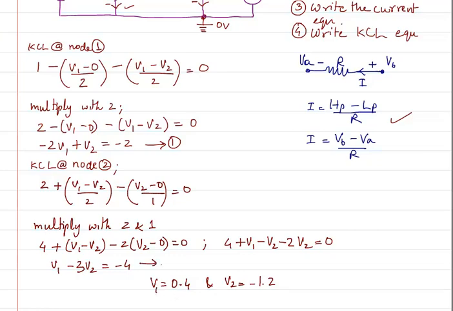Remember, this is the simultaneous equation which we can solve using the calculator. So solving 1 and 2, we will get the answer as V1 and V2 is equal to minus 1.2.